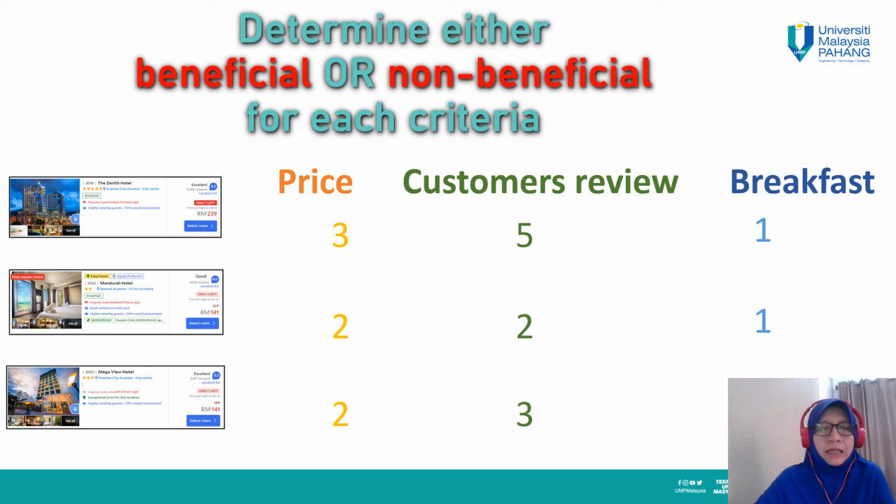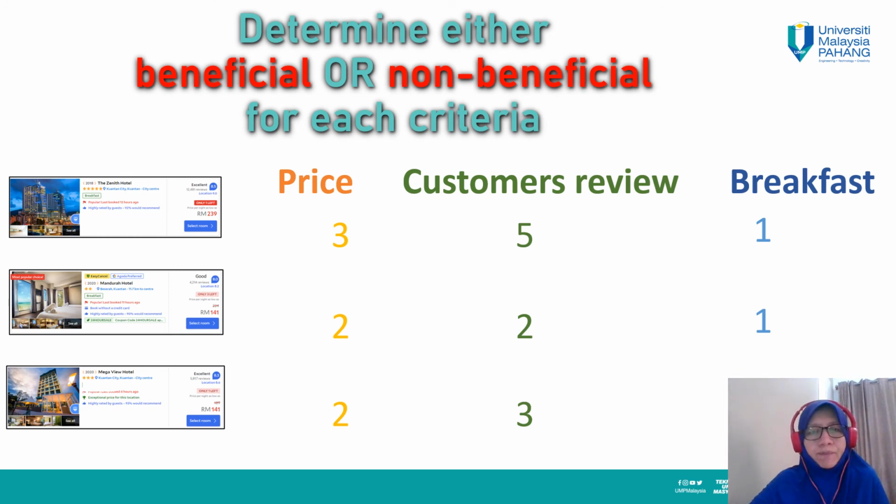Alright. For the price, we are looking for the lowest value, meaning that the lowest price is the one that we are looking for. So, price criteria is considered as non-beneficial criteria. Right.